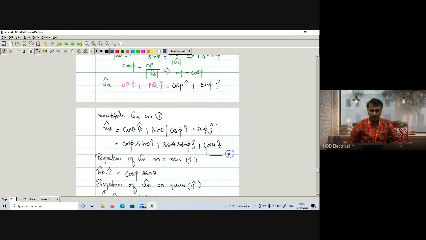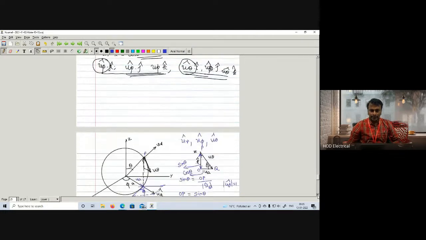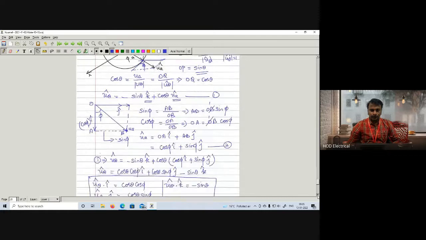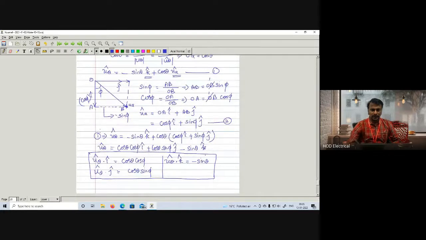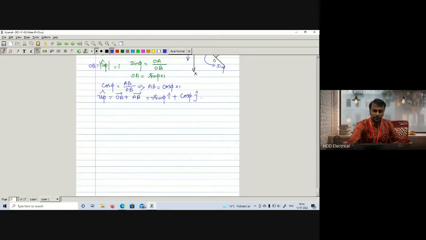Since the u's are in terms of i, j, k, we have u theta as another main equation, and the third equation will be u phi. From this we can write in matrix form.